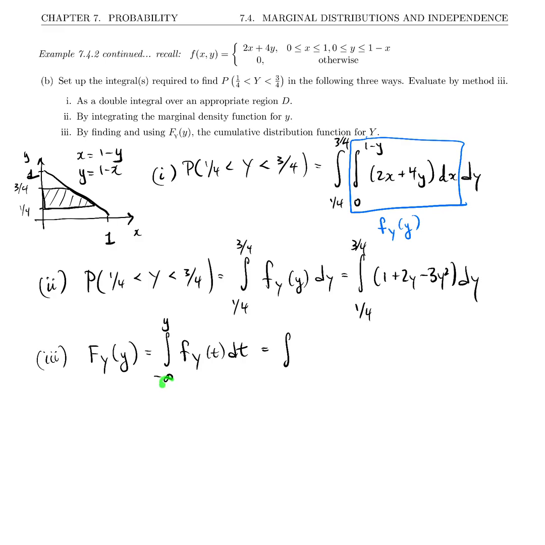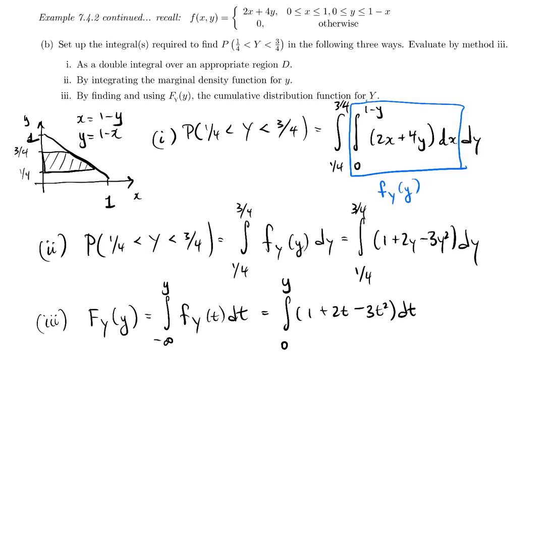Again, this means all possible values, but we know that the density is 0 below 0. So that's the integral from 0 to y of this marginal function with a dummy variable of t. So that's 1 plus 2t minus 3t squared dt.